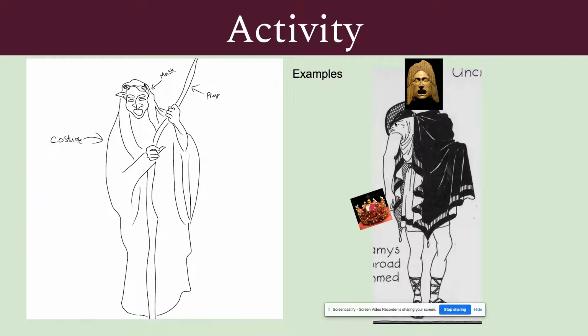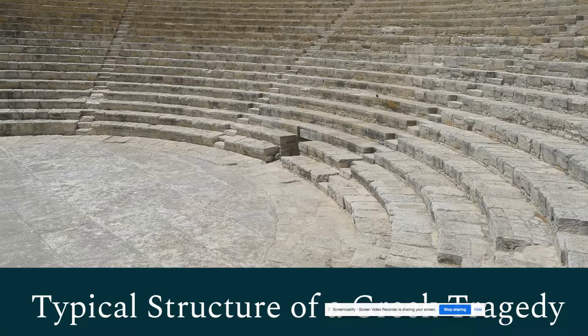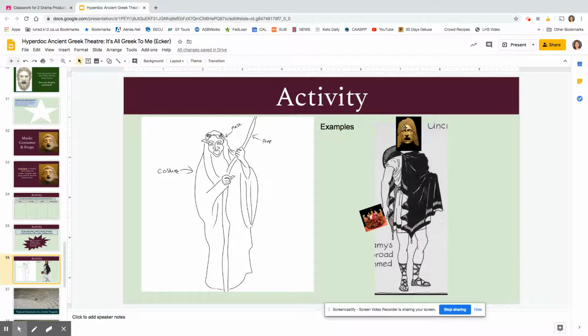They probably got some stock photos off of Google, and they said, here's what my costume looks like. They did a little bit of cutting, didn't cut this out here, but then they found a mask and made it the appropriate size. You can see here that they just moved it over his head because he needs to have a mask.